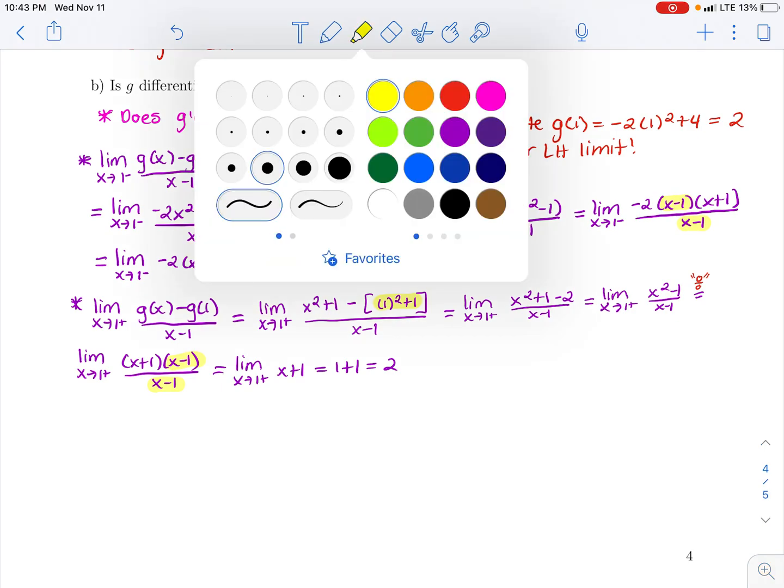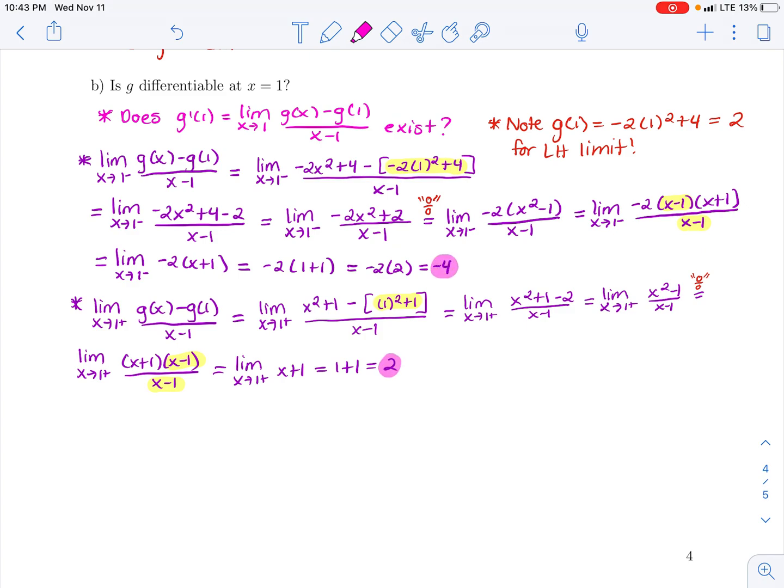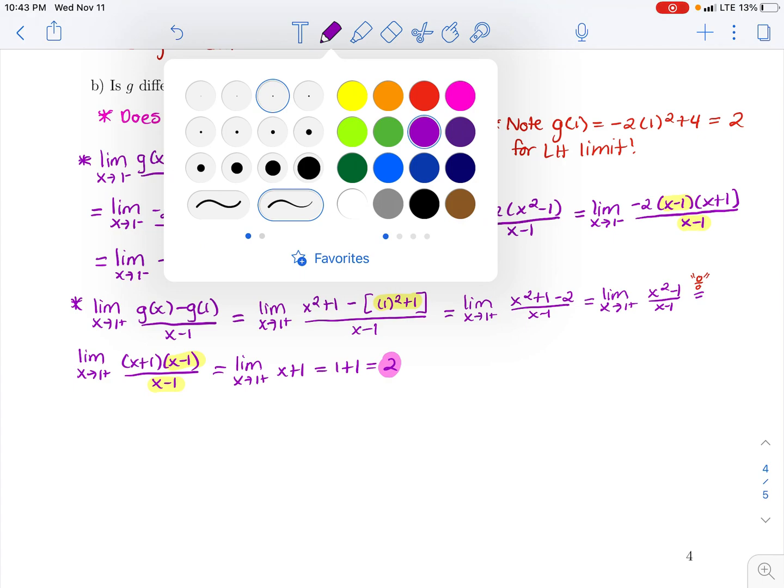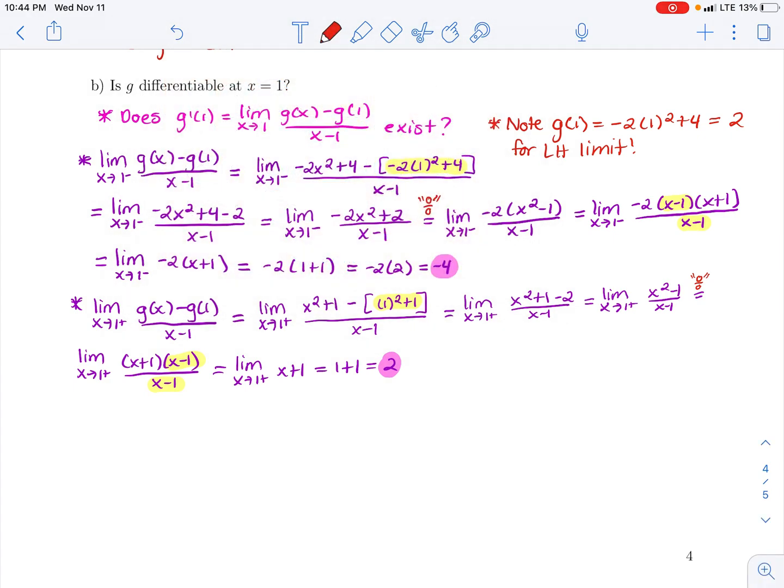Okay, so that was a lot of work here, but our final answers I'm going to just highlight to you in pink. I got that the left-handed limit was equal to negative 4, but the right-handed limit was equal to 2. And so we note that the answer here is no. The limit does not exist, since the left-hand limit didn't equal the right-hand limit.